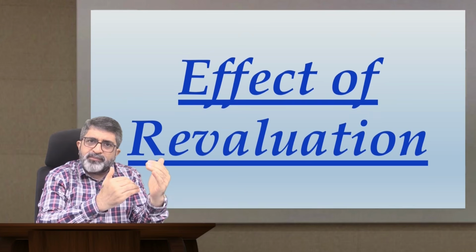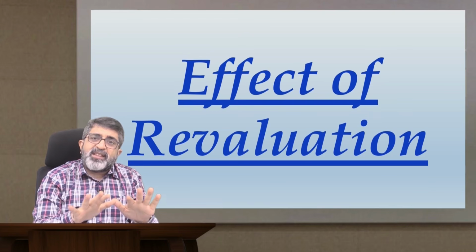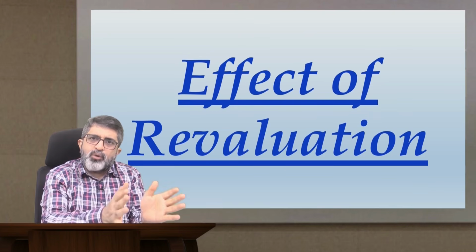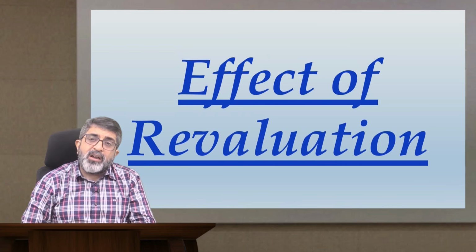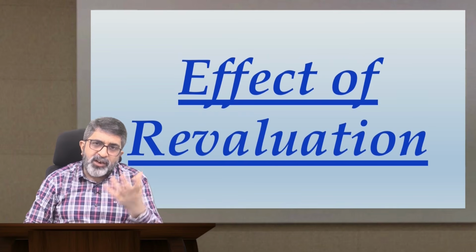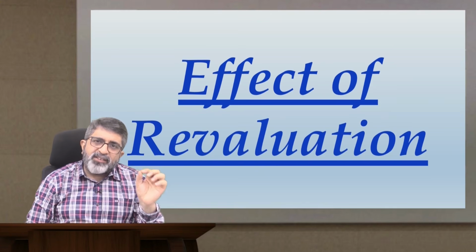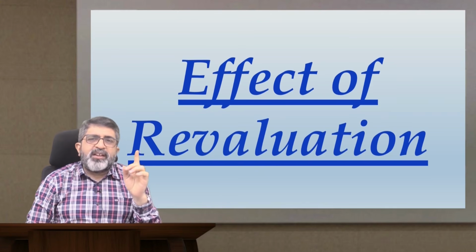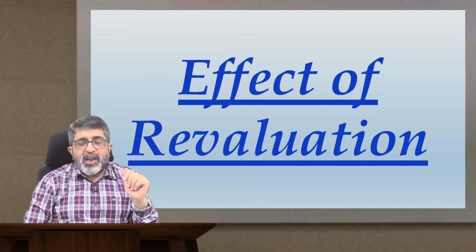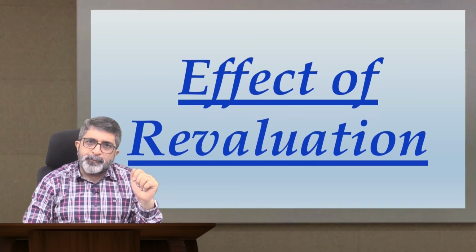From $10,000 it is reducing to $6,000. It will continue to appear in your balance sheet under shareholders' funds, that is under your equity, as revaluation reserve to the extent of $6,000, and no loss will be charged to your P&L.